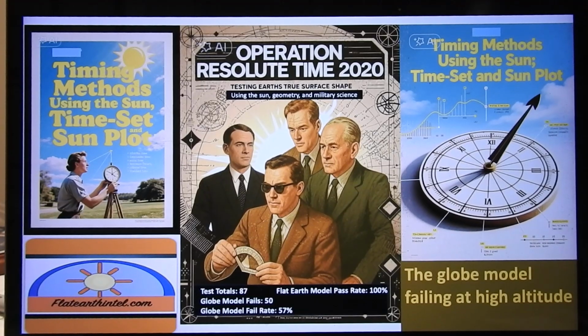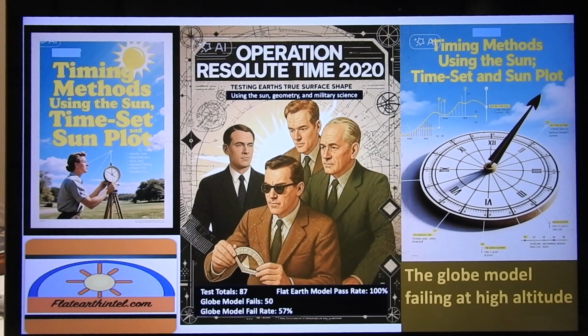And I developed two methods of timing, which are called time set and sun plot method. Time set is basically 3 hours prior to and 3 hours after solar noon, set at your location. What's put in place is called a sun survey point at solar noon, which is basically setting the geometric edge, or creating a starting point from where you're going to test the Earth's shape.